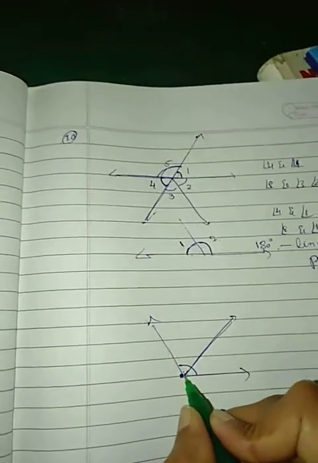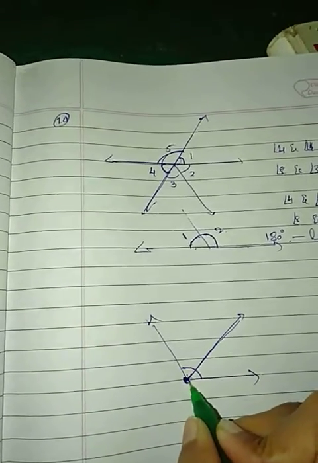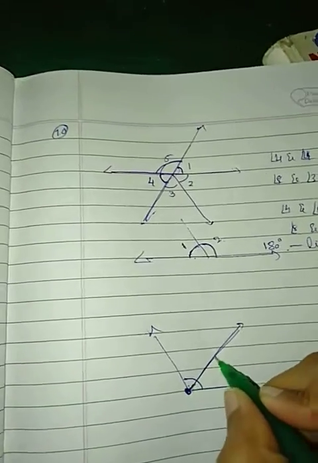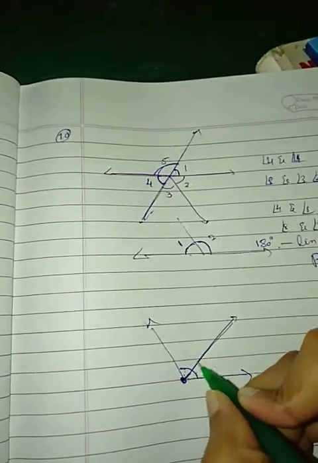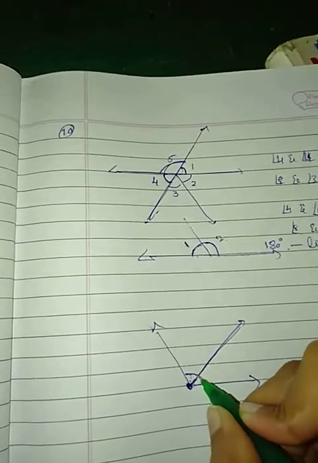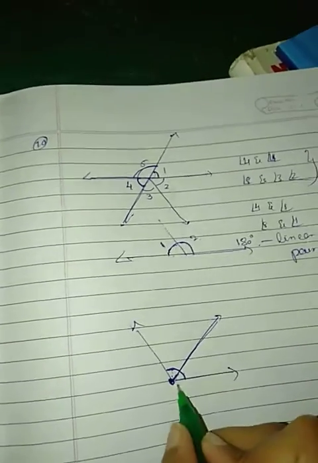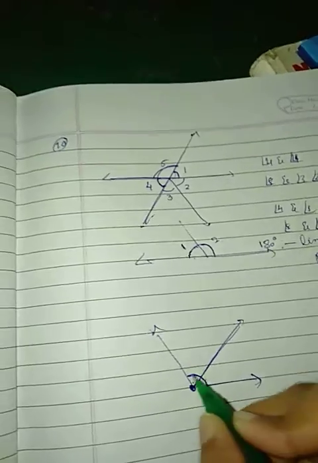So these have a common vertex, meaning common point, and this line is common to both these angles. See here, this line is common to this angle and common to this angle, but these other lines are different.